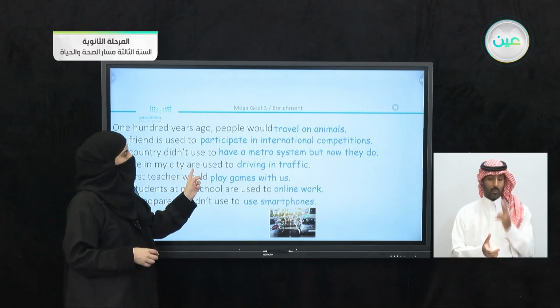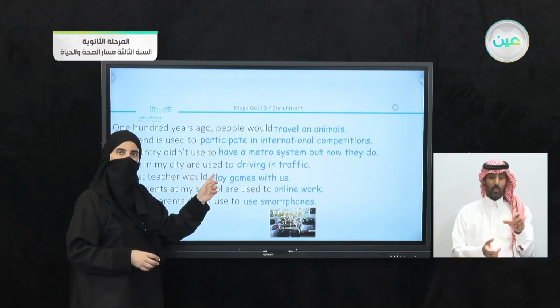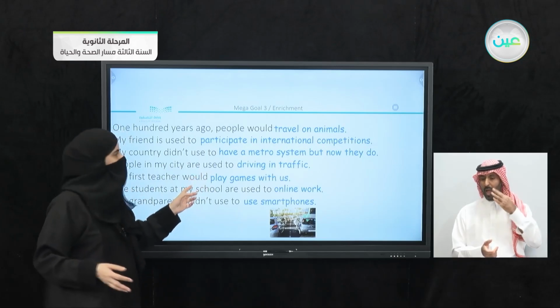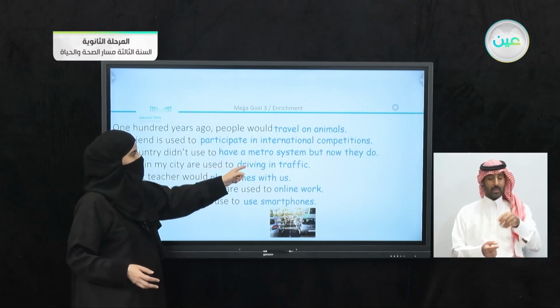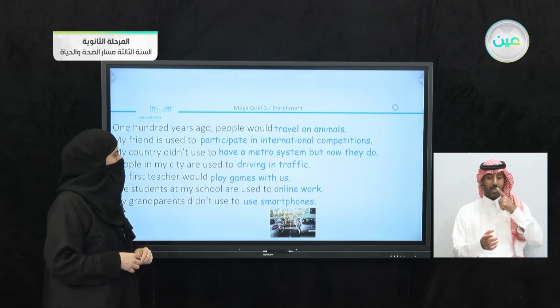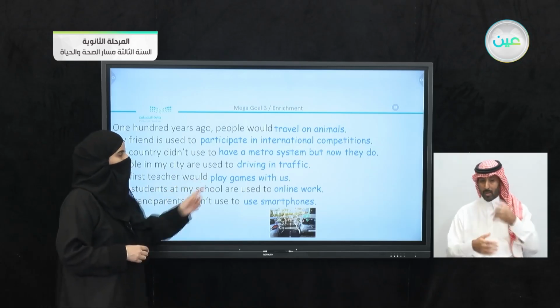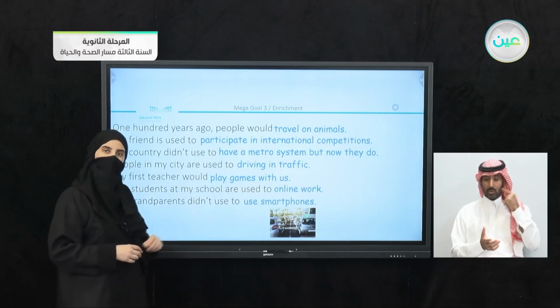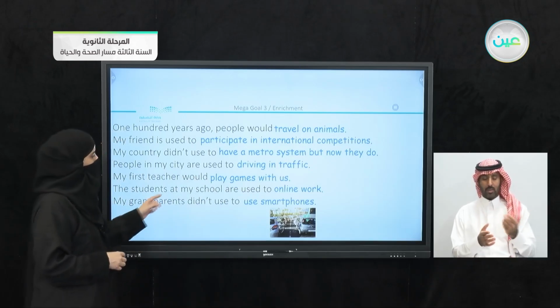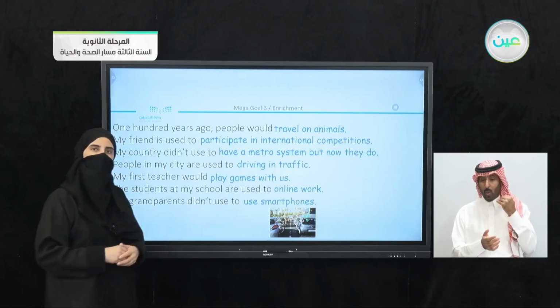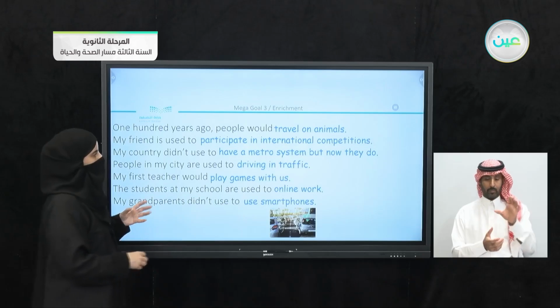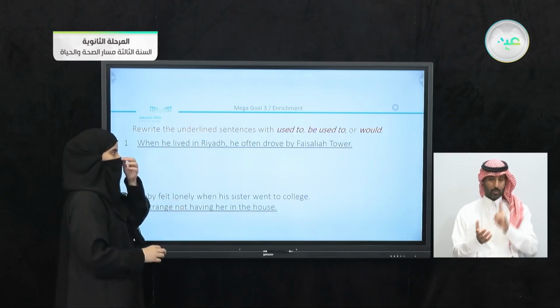But here we can see that we have are used to. So we are talking about the present time. We have here a noun, after that a gerund, driving. Would has the base form, play. Are used to is followed by a noun. And the last one, used to, use, base form. So this just proves that we have the correct forms.